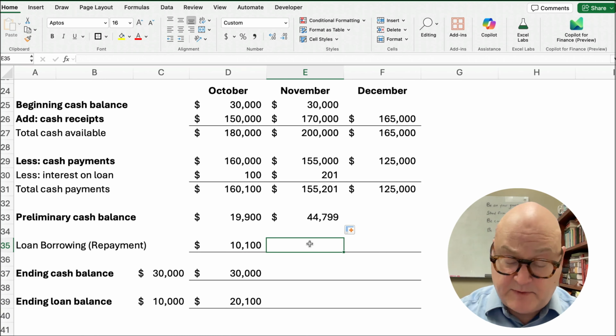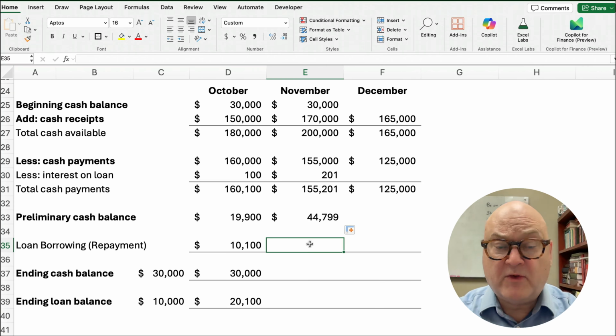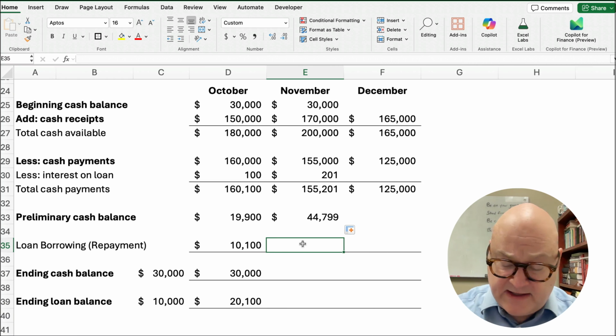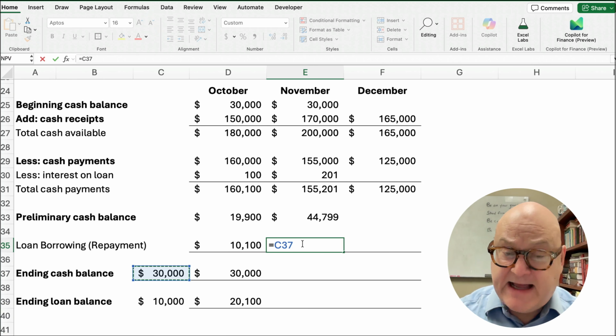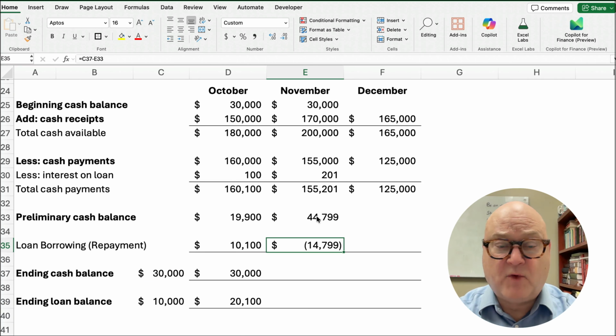Now, do we have enough here to repay? Well, how much can we repay? Well, we can repay from 44 all the way down to 30. So what we can do is take 30, the required balance that we need, minus the 44. Well, we could repay $14,799.